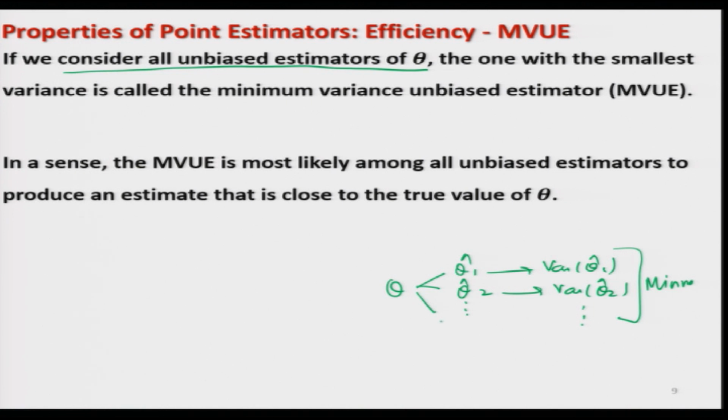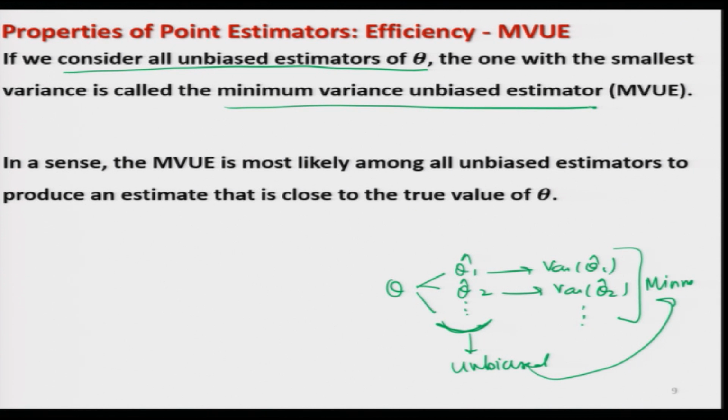So, now we have all the estimators which are unbiased, and out of them we are trying to choose the estimator for which the variability is the lowest, the minimum. This type of estimator can be called the minimum variance unbiased estimator.